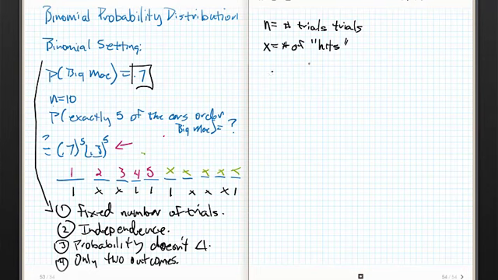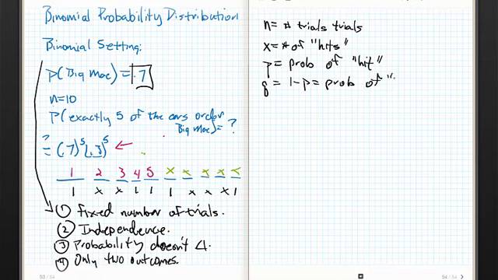Okay? So the n, now we're going to let p equal the probability of a hit, and q is equal to 1 minus p, which is the probability of a not hit.